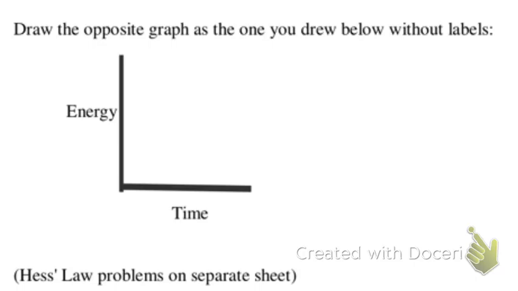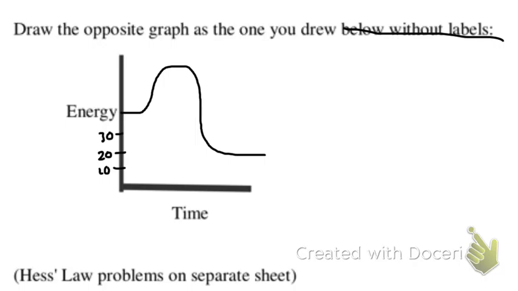So draw the opposite graph as the one we drew on the previous page. With an exothermic graph, we have a high energy in the reactants and a lower energy in the products. So again, we'll say here's 10, 20, 30, 40 kilojoules, 50, 60 to make it quick.